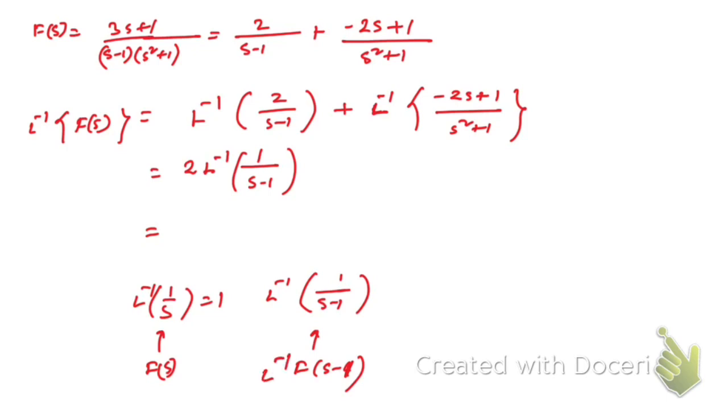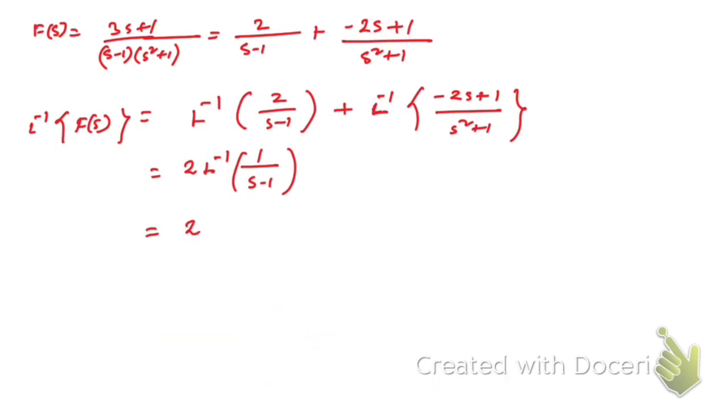If you take its inverse Laplace transformation, you're going to have e to the power 1 into t, then inverse Laplace transformation of f of s. So what is the f of s here? In this case, 1 by s, and its inverse Laplace transformation is 1. So this is going to be equal to 1. So that is e to the power t. So here we have 2 into e to the power t.